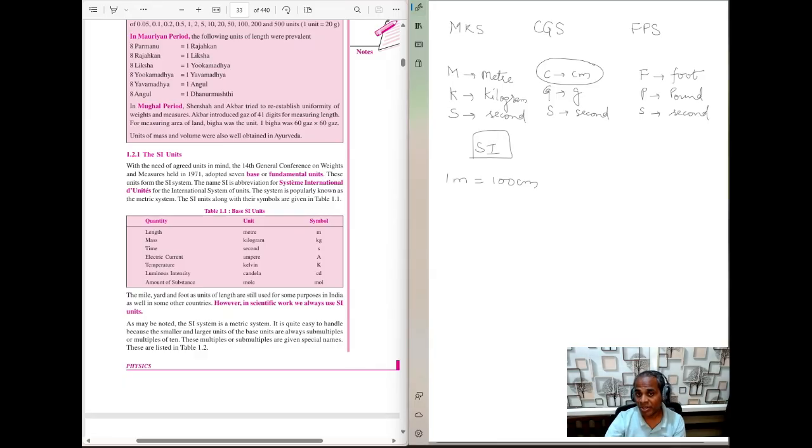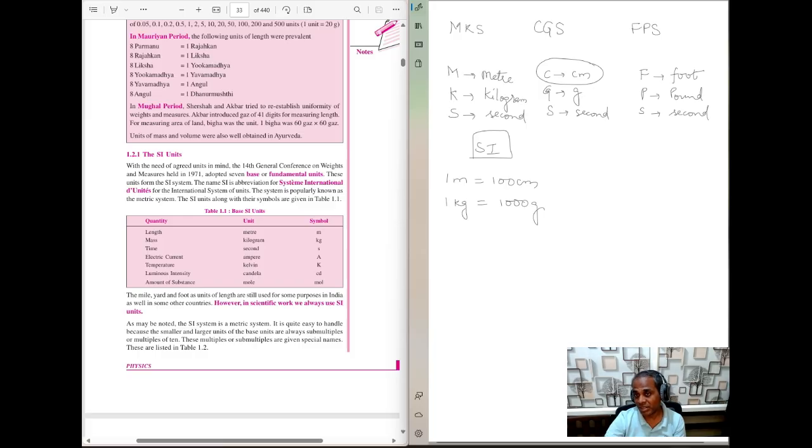So for MKS it is the same, but for CGS we know that 1 kg is equal to 1000 grams. And the time unit is the second for the SI system, MKS, and CGS. So there is no need of arriving at a separate value. We can understand a second as the same unit for different systems.